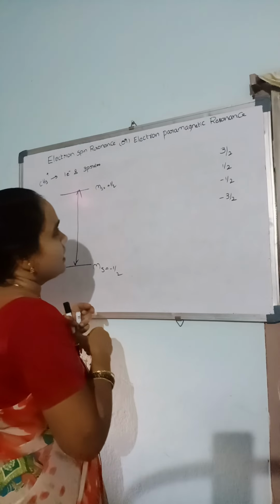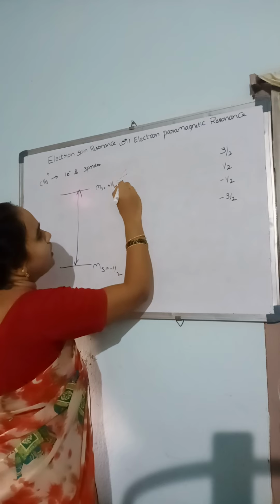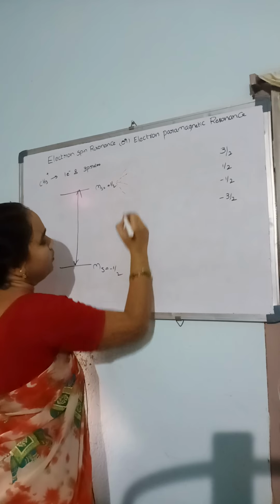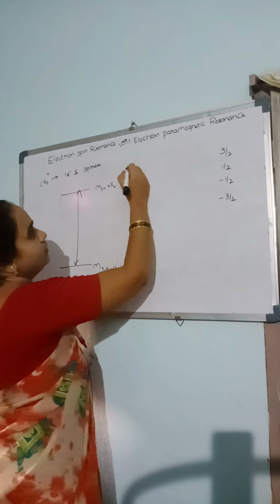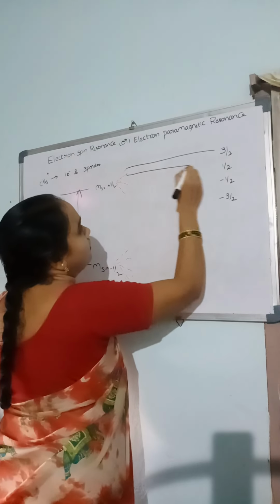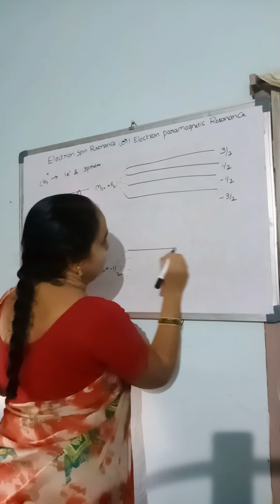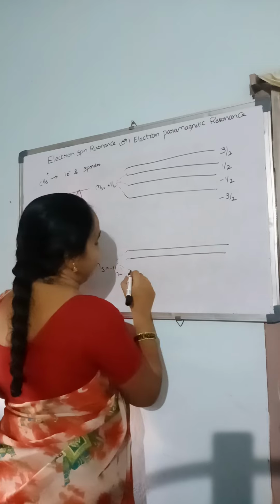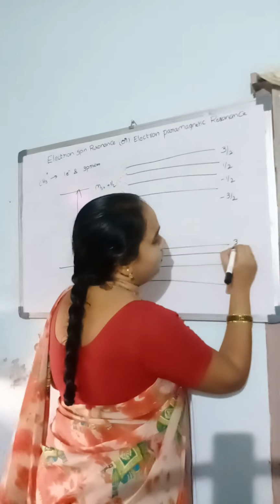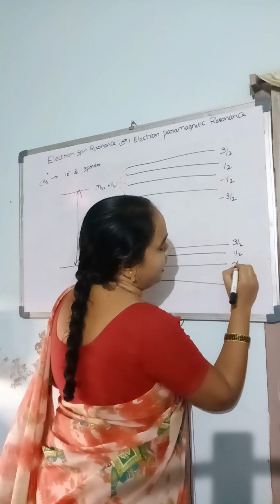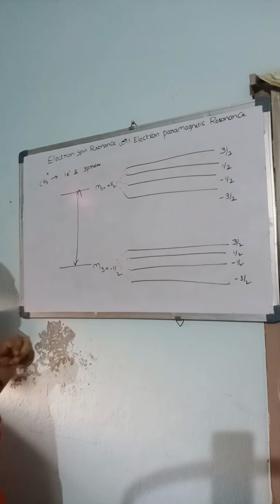So if you consider the protons interaction also, 3 by 2, 1 by 2, minus 1 by 2, minus 3 by 2, we got 4 transitions.